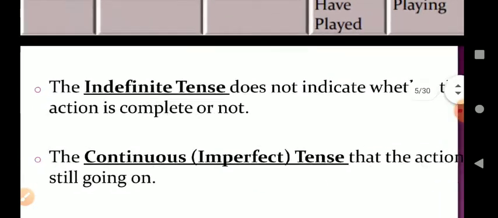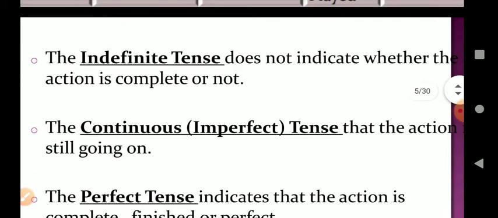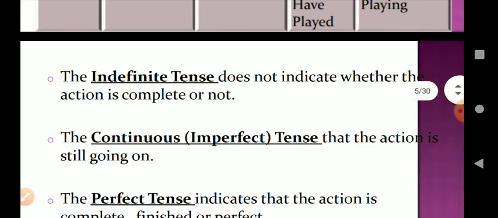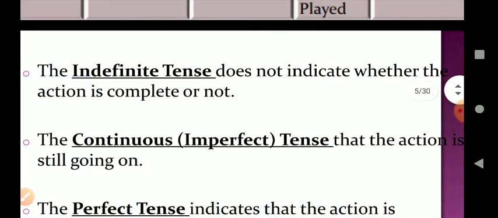Now, these four subtypes are defined here. First is that indefinite tense does not indicate whether the action is completed or not. We will study this in an elaborate way, but this is just the definition. Indefinite tense is also known as simple tense, like simple present tense, simple past tense, simple future tense.